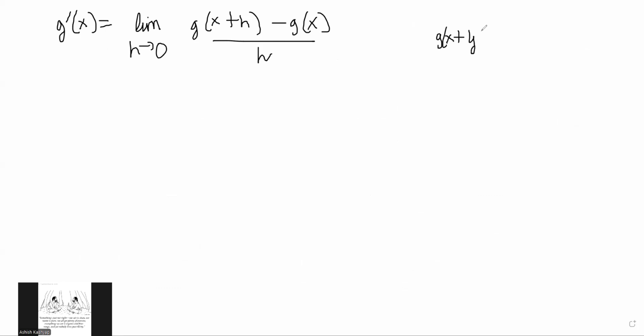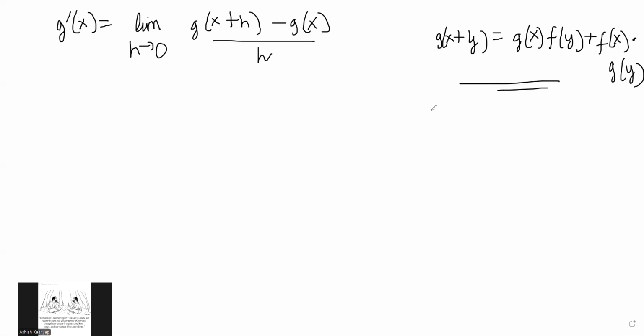g dash x is equal to limit of h tends to 0, g of x plus h minus g of x by h, and apply the functional equation for g of x. g of x plus y was equal to g of x f of y plus f of x times g of y, right?